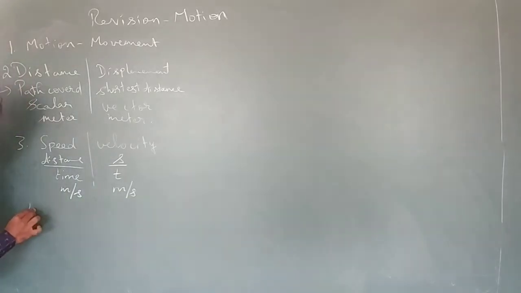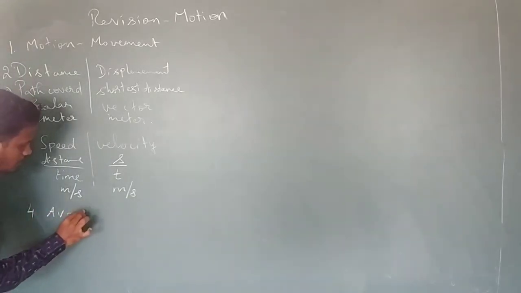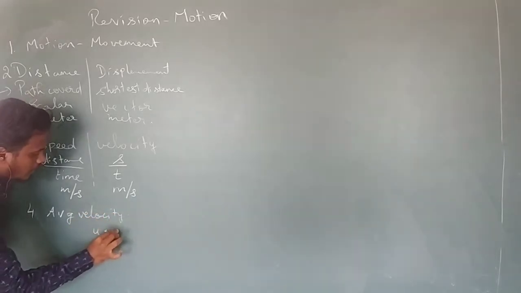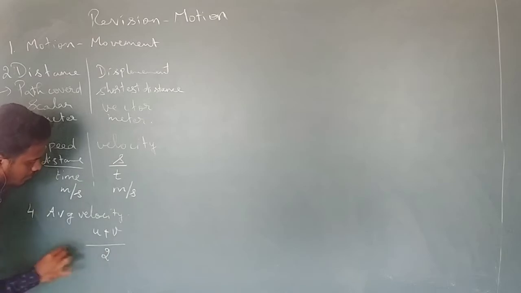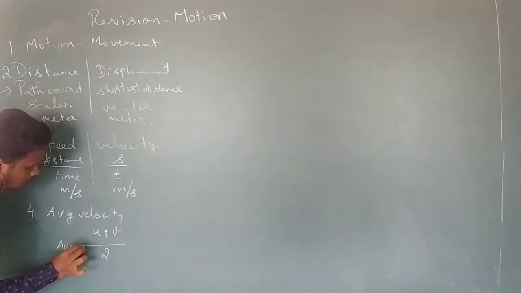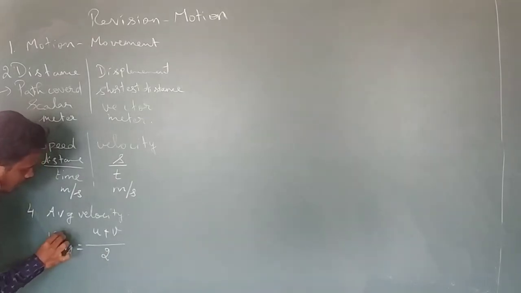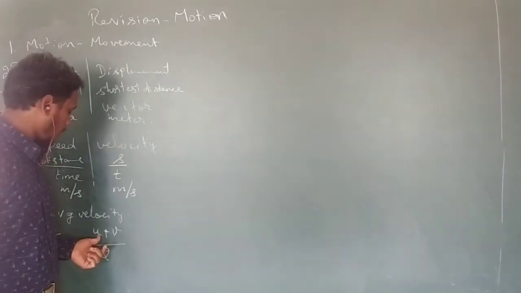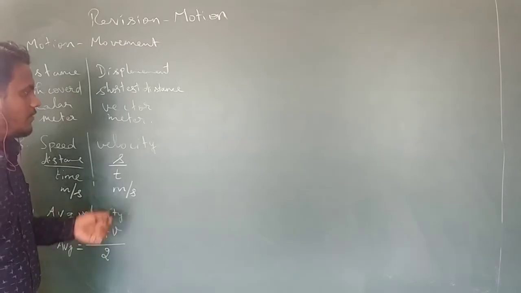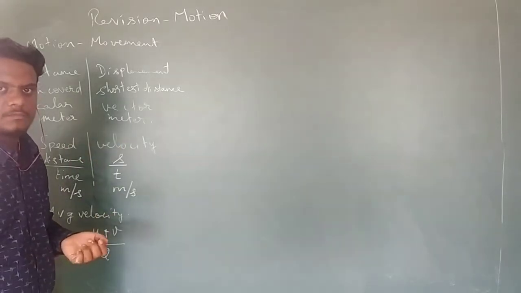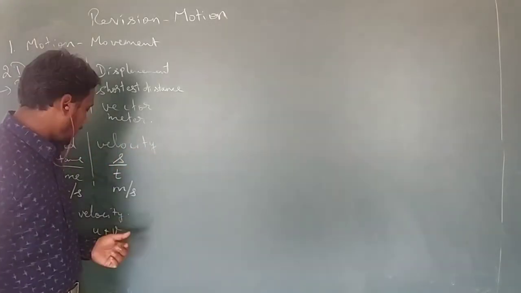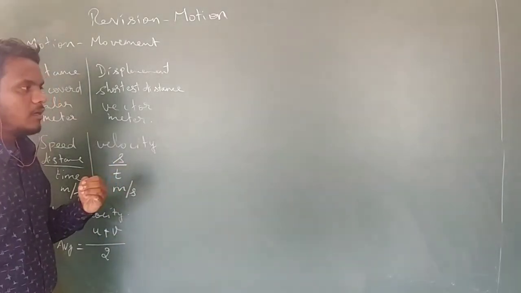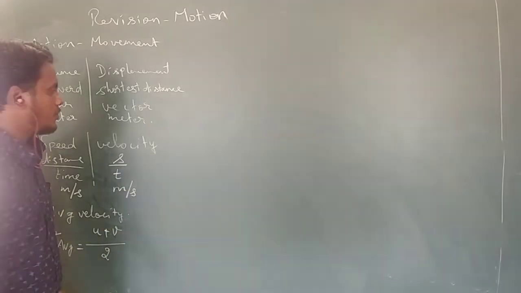So next we will see average velocity. Average velocity is the sum of the initial velocity and final velocity divided by 2. Average velocity, V average, equals the sum of initial velocity u and final velocity v, divided by 2. u is the initial velocity, the velocity at which an object starts from a particular point, and v is the final velocity, the velocity at which the object is at the final position.